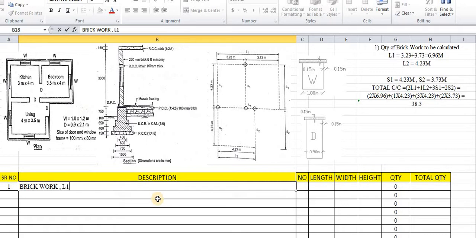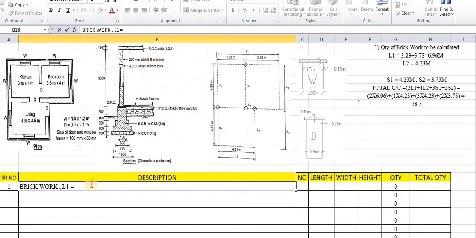So L1 is the first case. What is L1 we have calculated here? L1 has been long wall 6.96. While calculating the quantity by long wall short wall, in which width is to be added? Here we are finding out the quantity of brickworks. What is the width of brickwork? 230 mm is the width of brickwork, that is the thickness of brickwork.